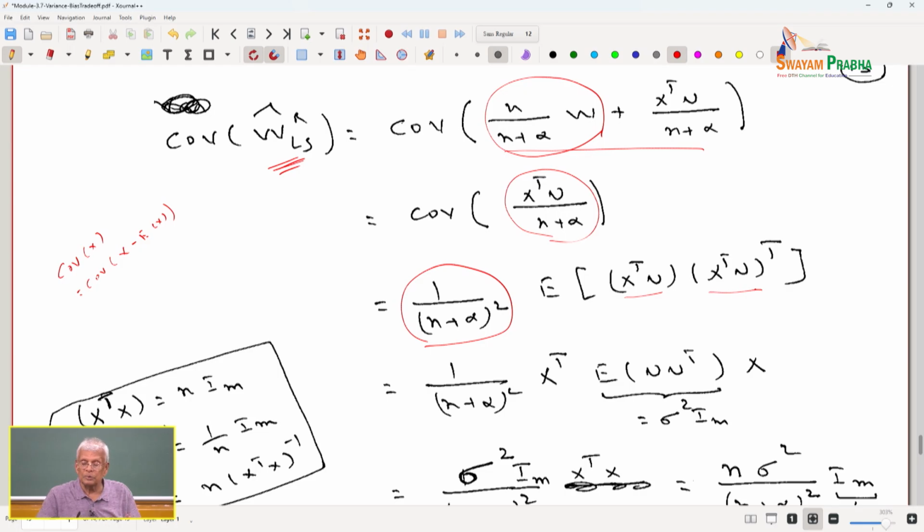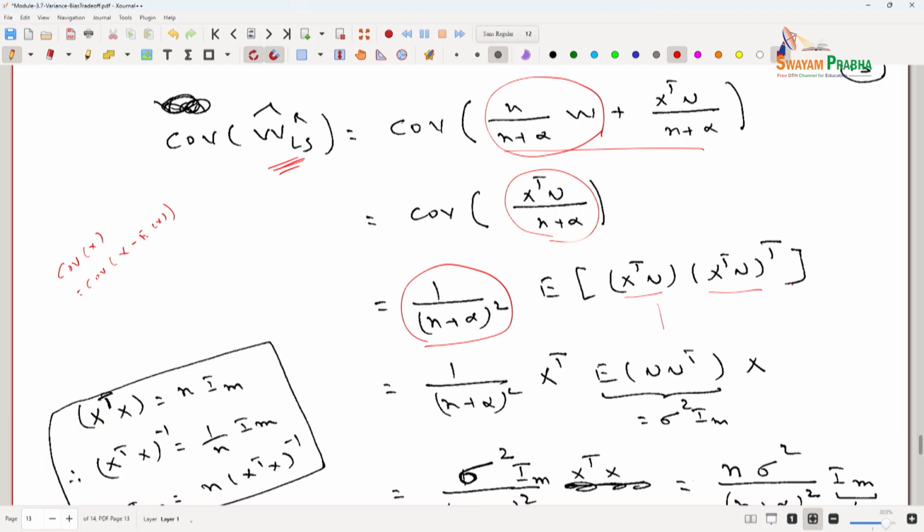I hope you are all with me. So this is the vector, this is the row vector, this is the matrix. Now X is the matrix which is deterministic, so it gets pulled out. This expression reduces to 1 over (n plus alpha) whole square, x transpose, expected value of v v transpose, x.